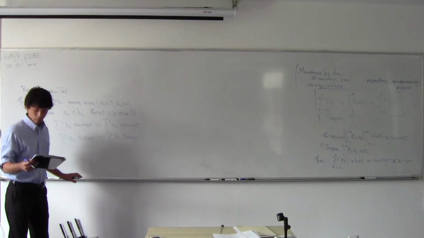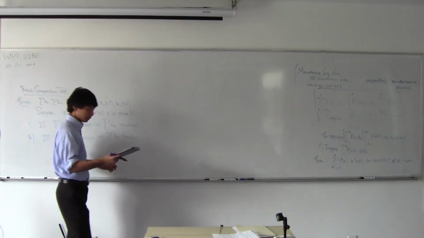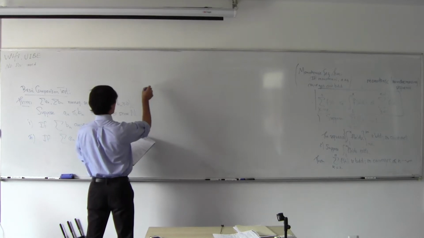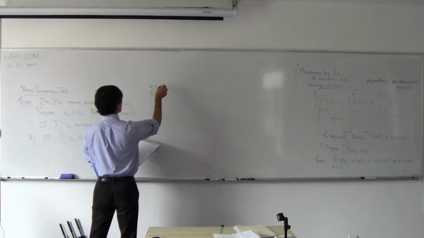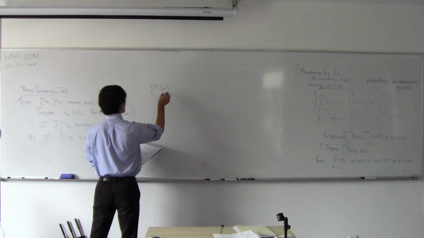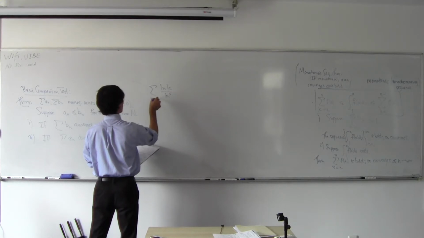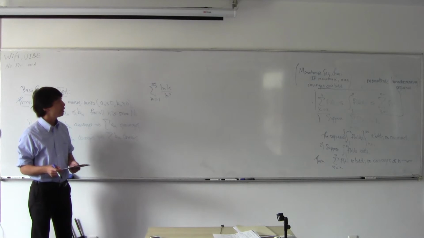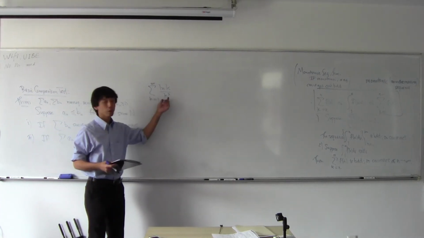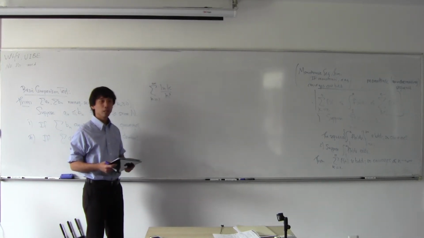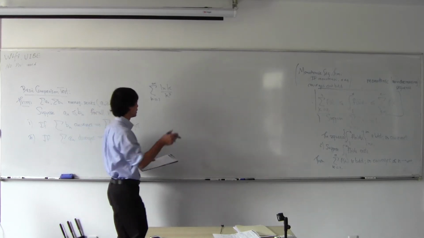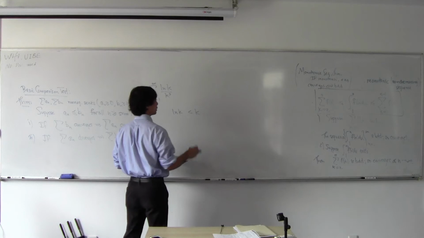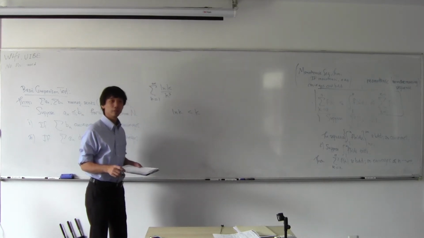So let me give you an example. Let's see. So if somebody says summation of natural log of k over k cubed from k equals 1 to infinity. And you'd say, oh, well, I know that natural log of k is smaller than k.